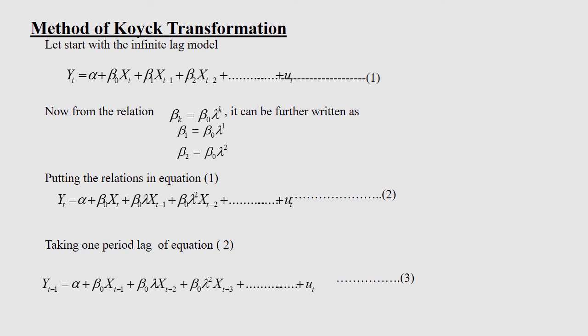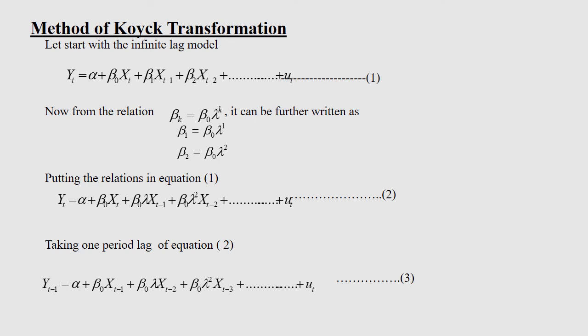Now the assumption of Koyck transformation, which is already discussed, is the geometric relationship between the parameters: beta k equal to beta naught lambda to the power k. You can split this relationship like this: beta 1 equal to beta naught lambda to the power 1, beta 2 equal to beta naught lambda square, like this.